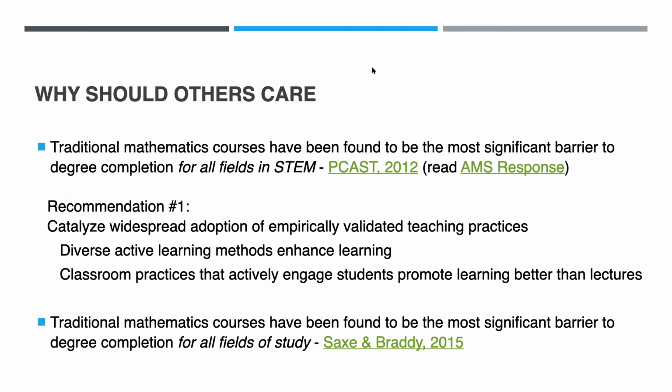So there is a lot of movement in the mathematical community. Actually, as early as 2012, the AMS prepared a response to the PCAST report, especially addressing one of the suggestions made in the report, that maybe other disciplines are going to have to design and offer their own math courses based on the needs of their students in their disciplines, based on career paths. So the AMS had a very strong response to that.